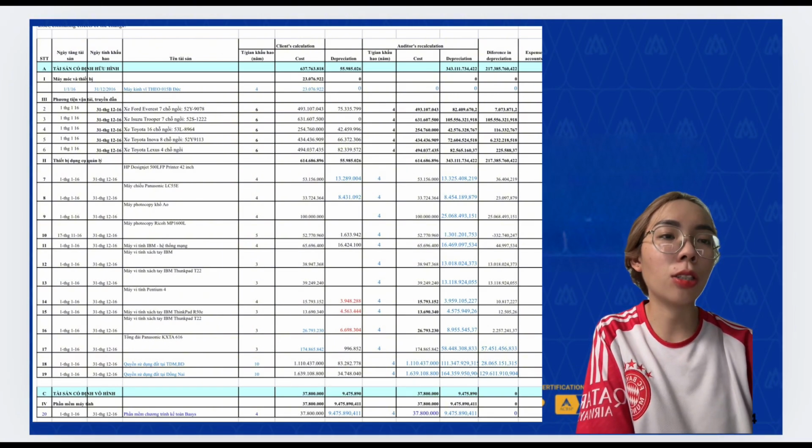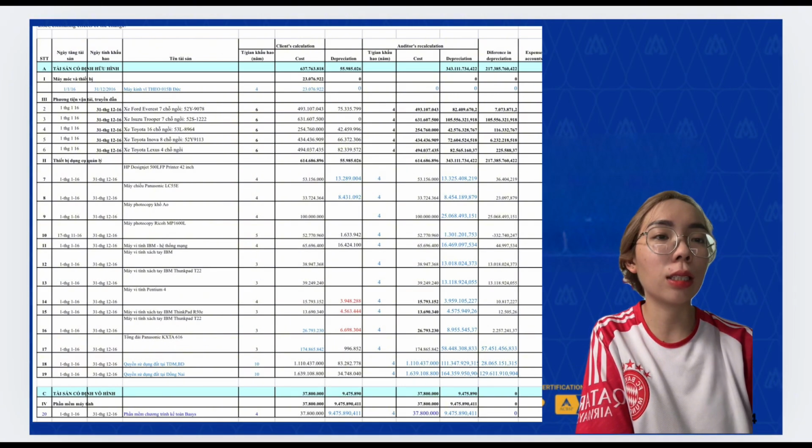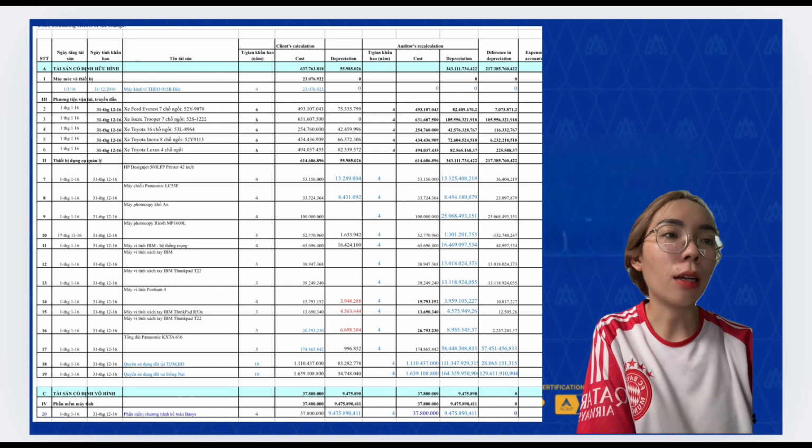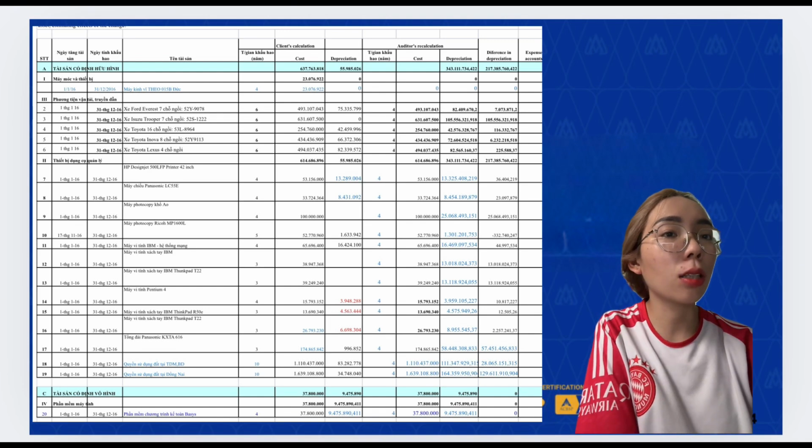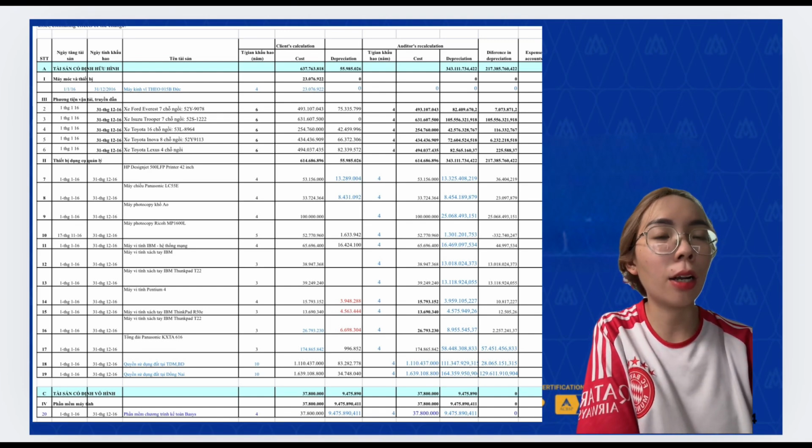There was a change in the asset increase dates for one type of asset, the record MB 1600 liters copier, which has been adjusted and verified, concluding that there are no errors.